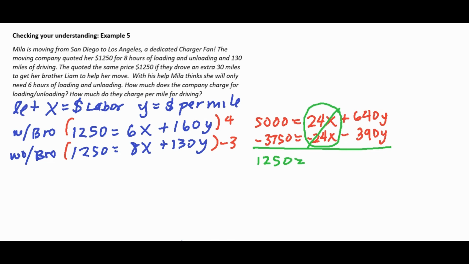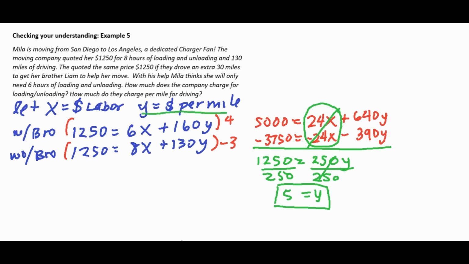And then I have 640y minus 390y, which comes out to 250y. Now if I divide both sides by 250 so that I get y by itself, I come out with y equaling 5.